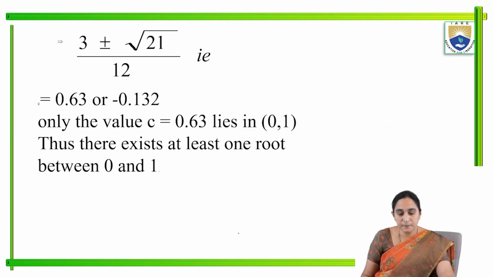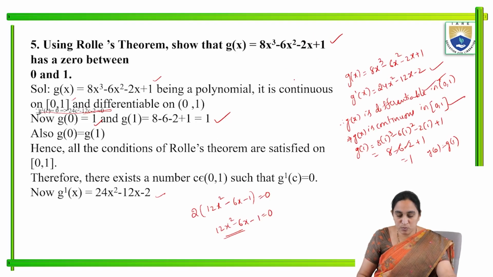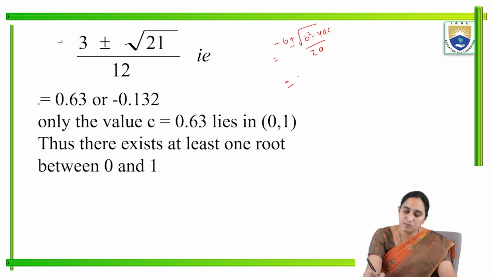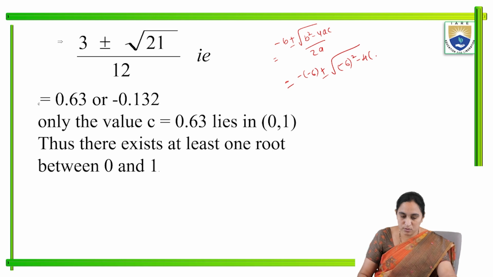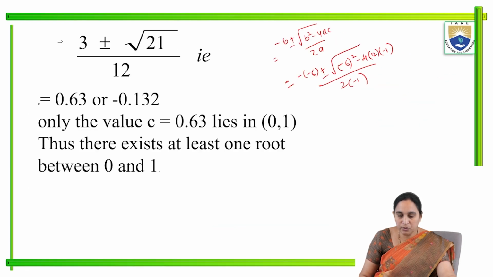For that, I'm using the formula x = (−b ± √(b² − 4ac)) / 2a. What about −b? Here b is −6, so −b means minus of minus 6, plus or minus the square root of (−6)² − 4 into a = 12 and c = −1, divided by 2a, that is 12 and 2a means here 24.